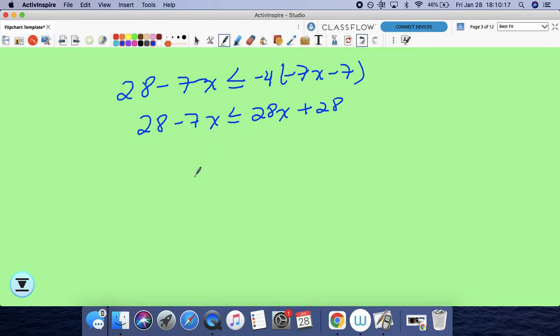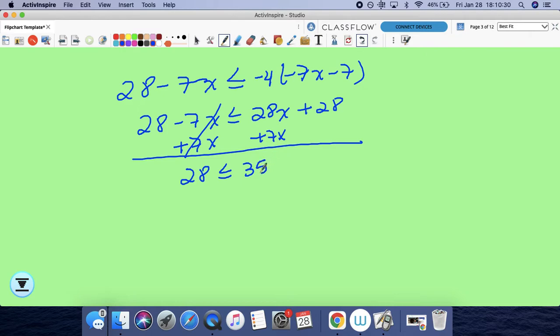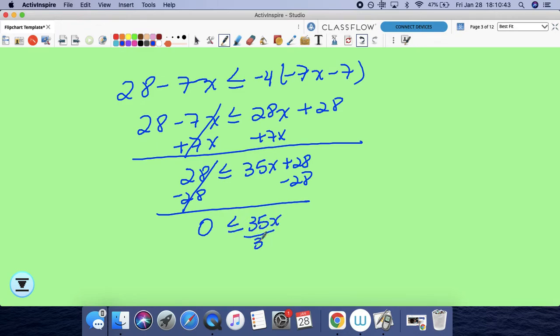I have combined like terms, but I have variables on both sides, so let me get rid of 7x over here, and I'm going to do 7x over here. That goes away. Left is 28 less or equal to 35x plus 28. Minus 28, minus 28. That becomes 0 less or equal to 35x. Divide both sides by 35.